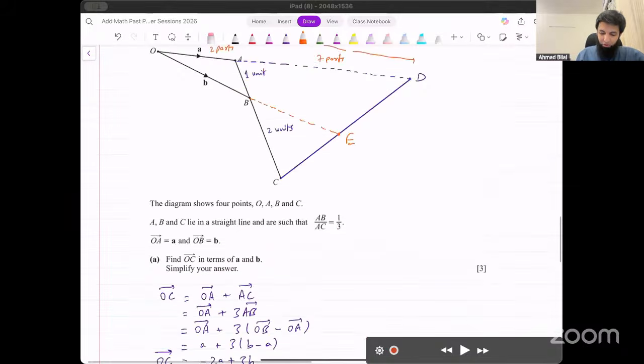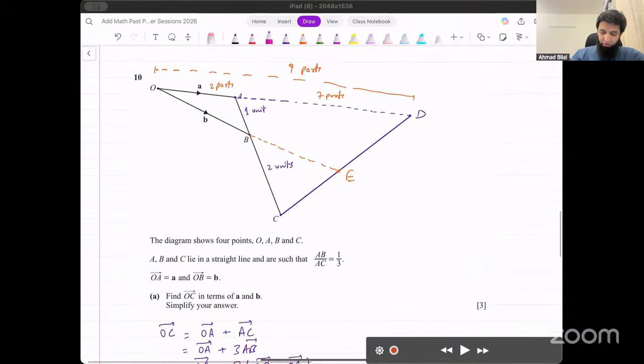Now, since we already know OC, we could say let's go from O to C and then from C to E. OC is already known.